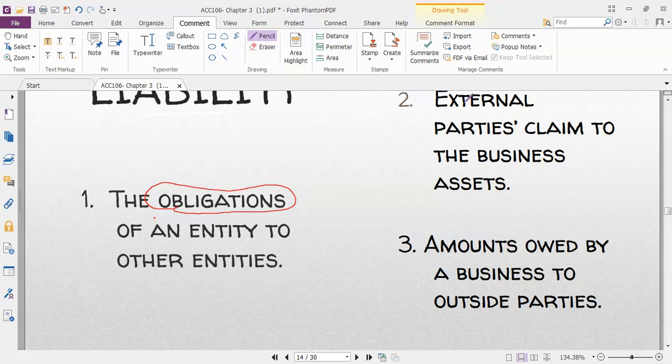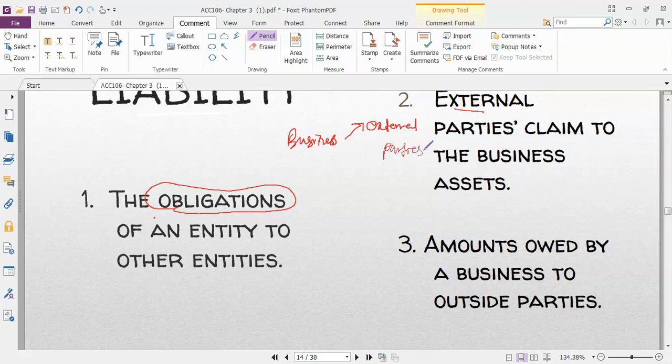Okay. The second is external parties claim to the business asset. Okay, so apa maksud external parties claim to the business asset? Maksud dia sama lebih kurang juga, iaitu bila kita ada berhutang dengan external parties, okay, the business, kita ada hutang dengan external parties.